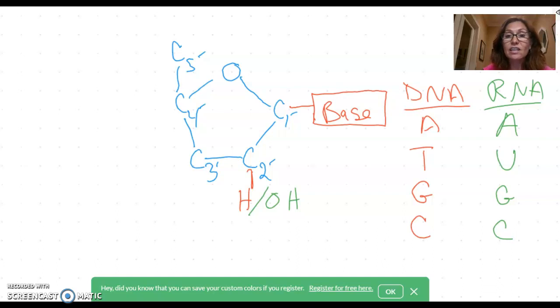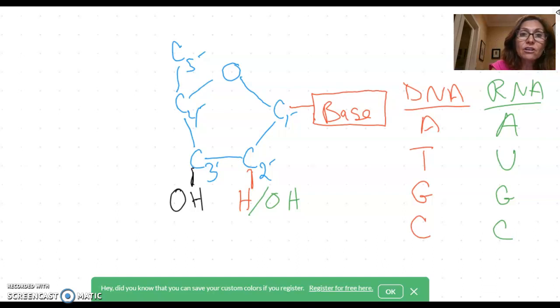In an RNA nucleotide, you're going to have a hydroxyl here, not the hydrogen. The oxygen will be bound to the carbon. This is a very reactive functional group, and wherever you see OHs or hydroxyls, you know that covalent bonds can be formed there. Now, on the third carbon, you're always going to find a hydroxyl in DNA or RNA.